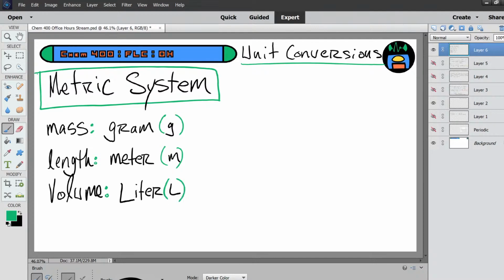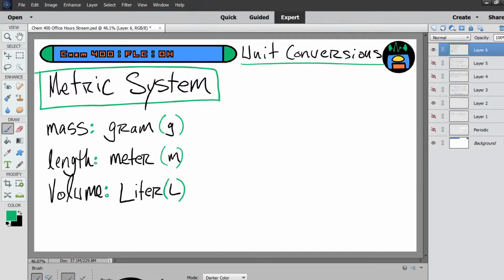Now, the reason why the metric system is the preferred system of science users all over is because it's very, very versatile. It's very flexible. There are these base units of measure that can be modified to fit your needs depending upon whether you need very large numbers or very small numbers.